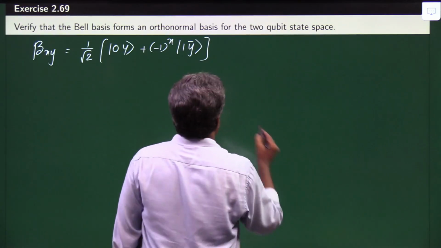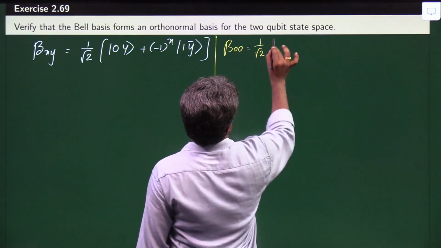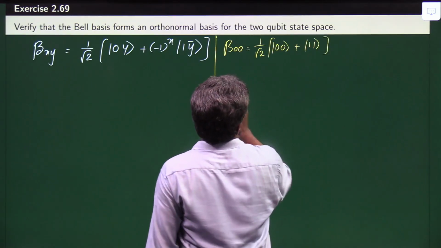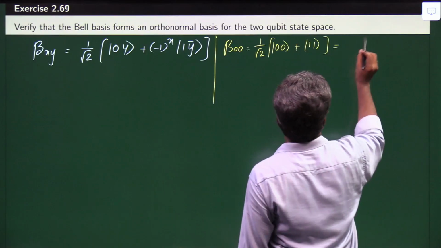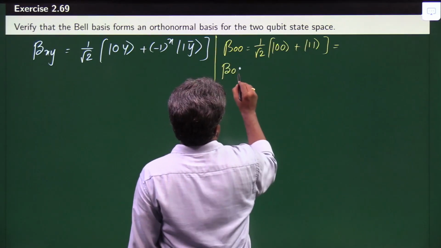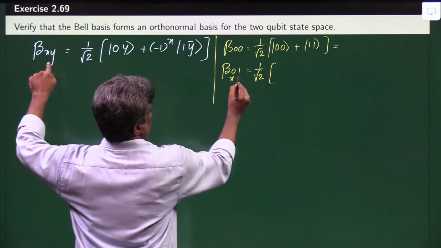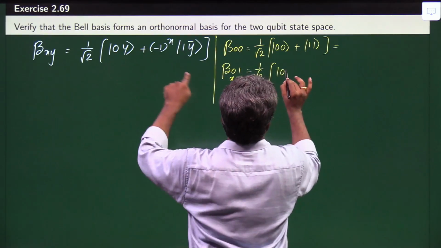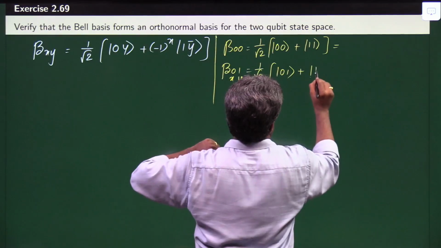First let me write what these Bell states are. Beta 00 is 1 over root 2 times ket 00 plus ket 11. I will write the matrix form later. First let me write beta 01, 1 over root 2. Remember my x is 0 and y is 1. Just substitute, nothing else. So this is ket 01, and here x is 0, that's why plus, and this is ket 10.